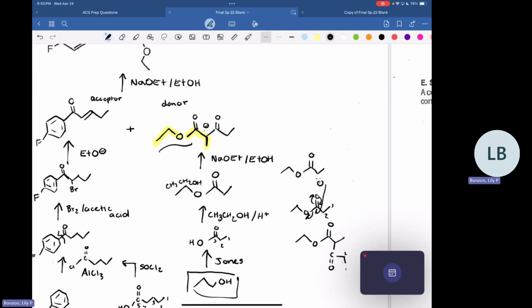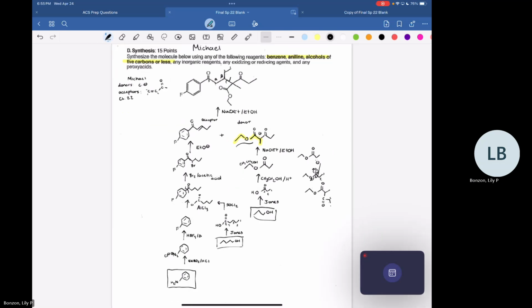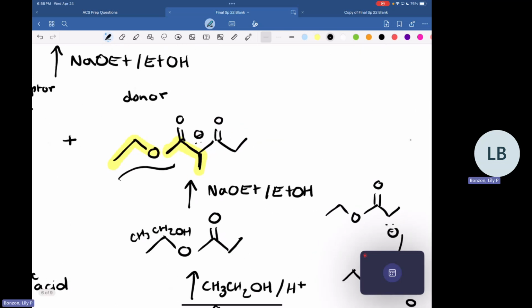Any other questions on this synth? One thing to look for is esters. That's just a hint towards Claisen, and in Claisen the ester group gets kicked out.